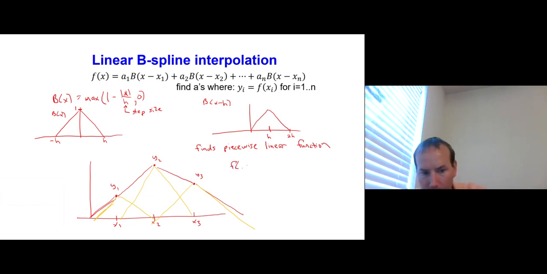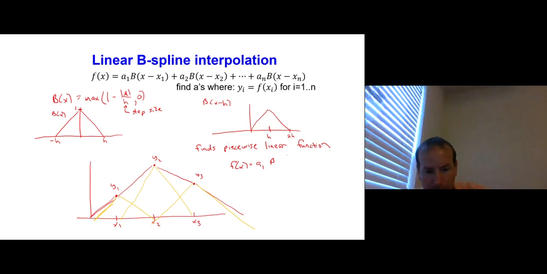F(x) equals a1 times B(x minus x1). That's the first one. It's shifted by x1. Plus a2 times B(x minus x2), that's shifted by x2. So that's the second basis function.